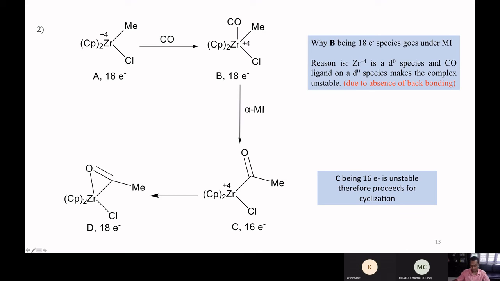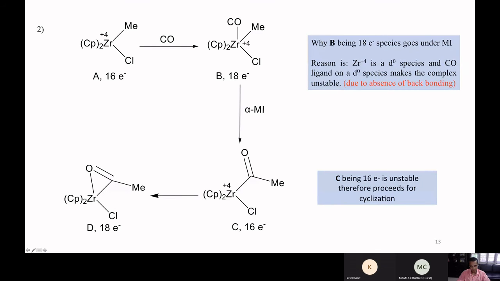CO addition or CO association, as I said, would require donation from carbon monoxide to metal, as well as the metal should be able to give back donation into the carbon monoxide. Since zirconium is not having anything to give back to carbon monoxide, this complex is not going to be stable.